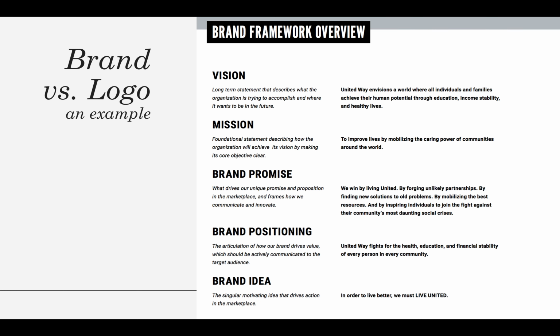The brand framework talks about their vision, their mission, their brand promise, their brand positioning. So United Way fights for the education and financial stability of every person in every community. And then the brand idea: in order to live better, we must live united. So all of these ideals are the driving force behind how they visually represent themselves in the market.